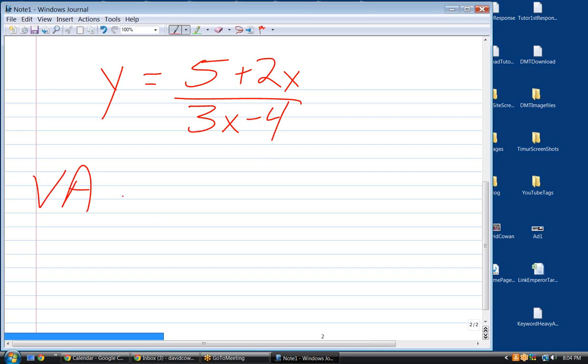Vertical asymptote. What makes a vertical asymptote? I don't know. Division by 0. Only division by 0. Okay. So what value of x makes us divide by 0?